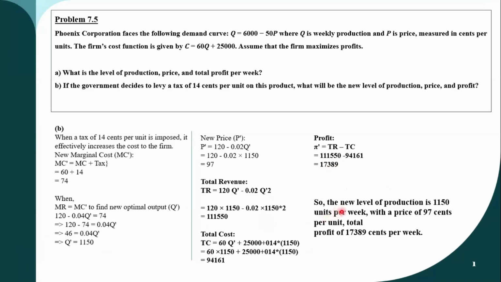So the new level of production is 1150 units per week, with a price of 97 cents per unit and total profit of 17,389 cents per week.